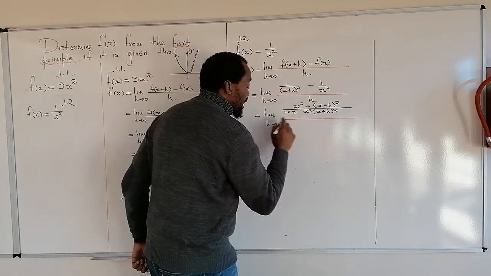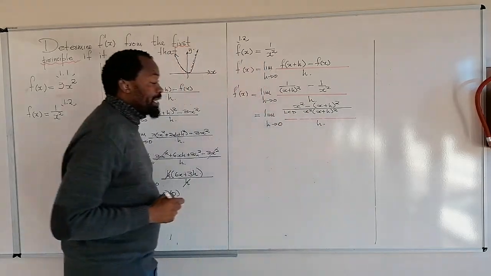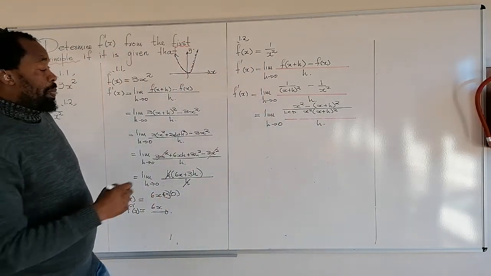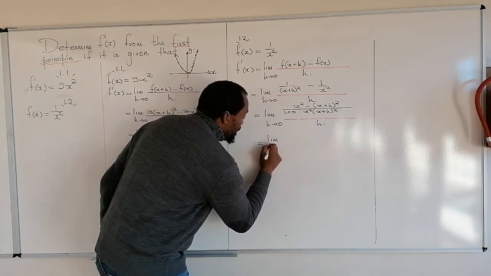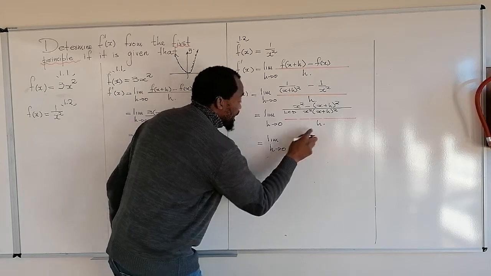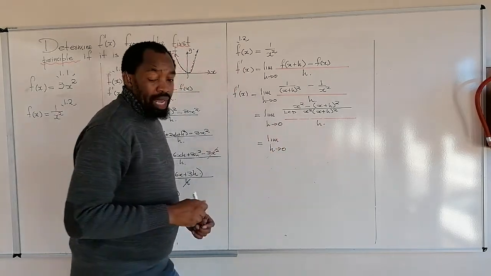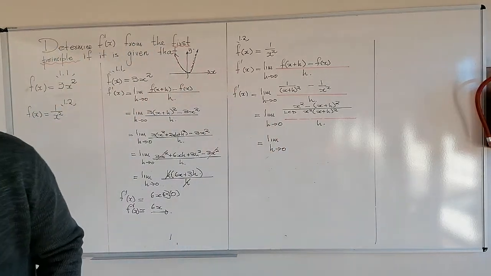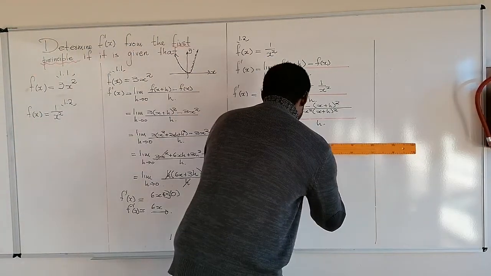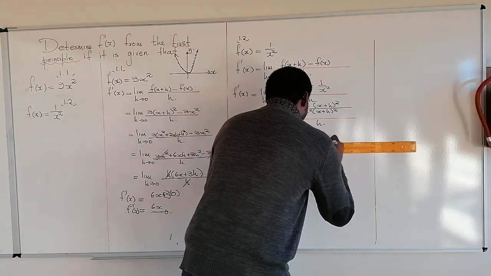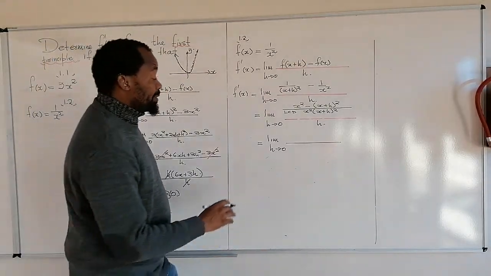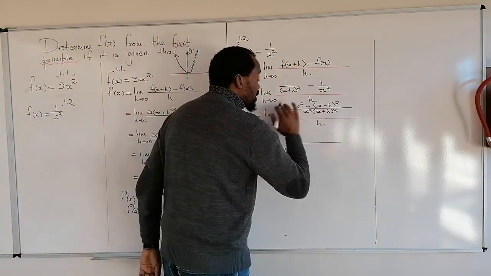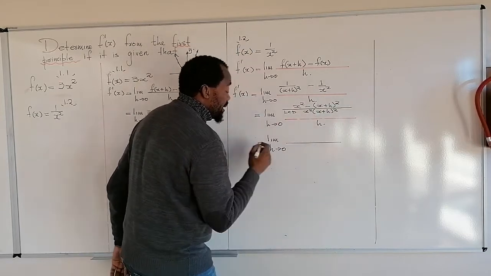Remember, red divided by h. I'm still limiting because I've got h as the denominator. Now, limiting, let us deal with the black division line first. I'm going to simplify everything which is there.